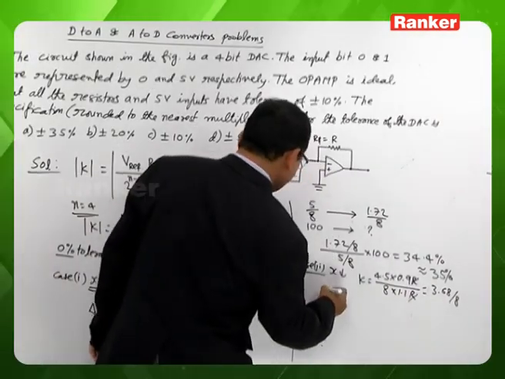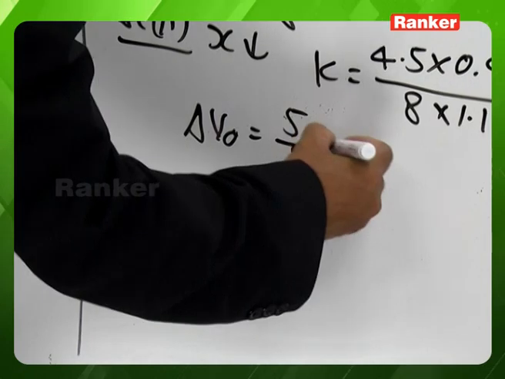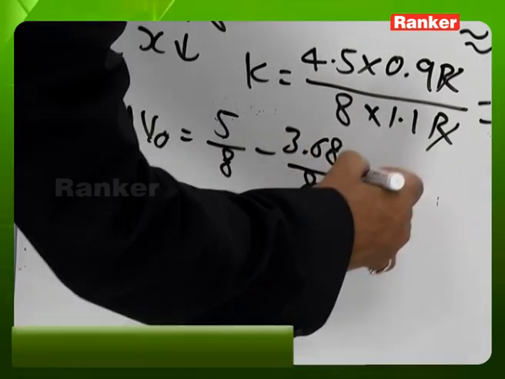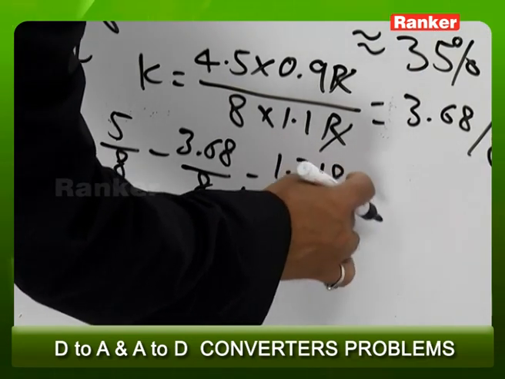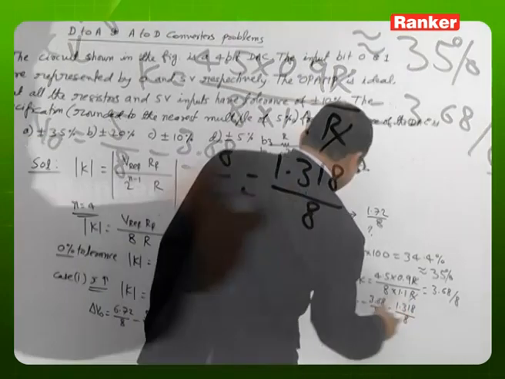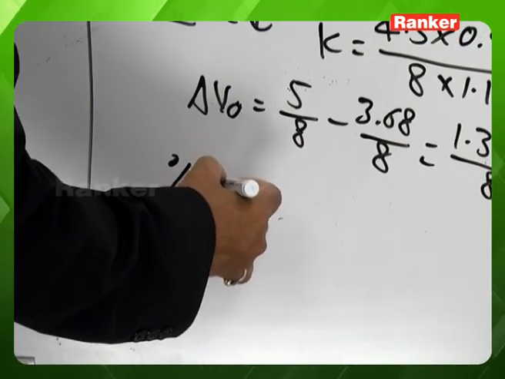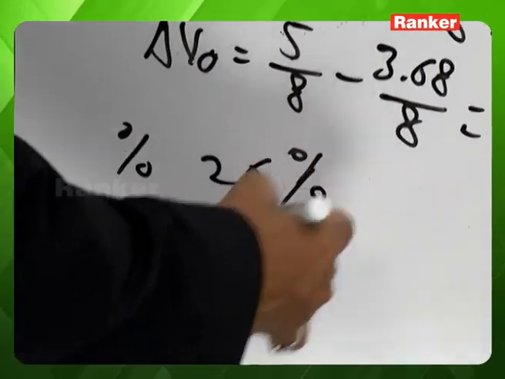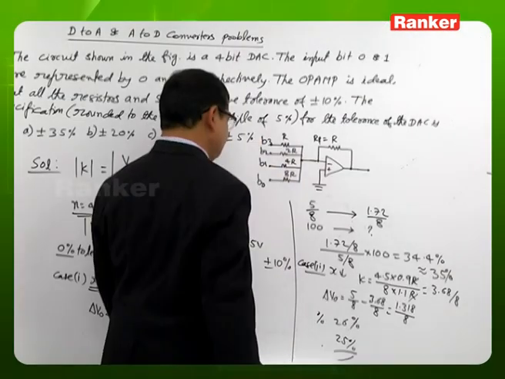And if you look at the difference, 5 by 8 minus 3.68 by 8, it is coming to be 1.318 by 8. With this, the percentage is coming to be around 26%, and when rounding to the nearest 5%, it is 25%.